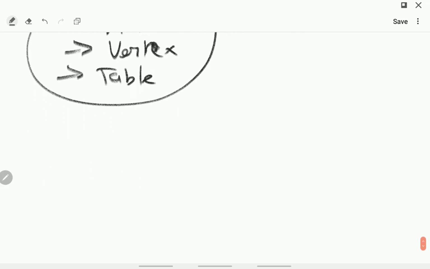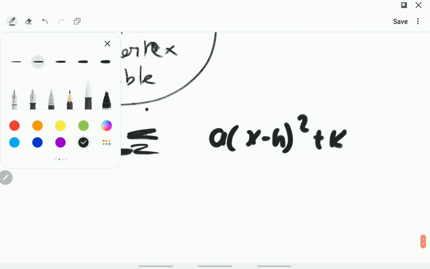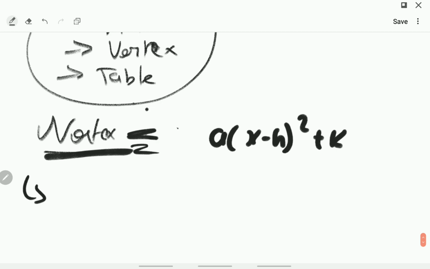Now, what other forms did we find? We found the vertex form, which was a(x minus h) all squared plus k. So why would we want to use this vertex form?